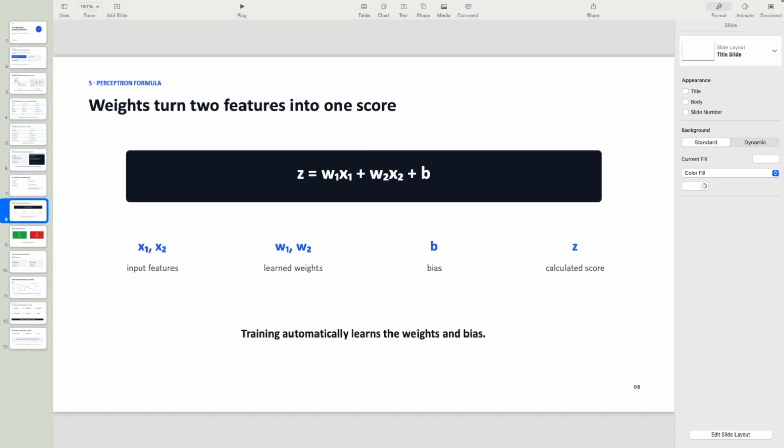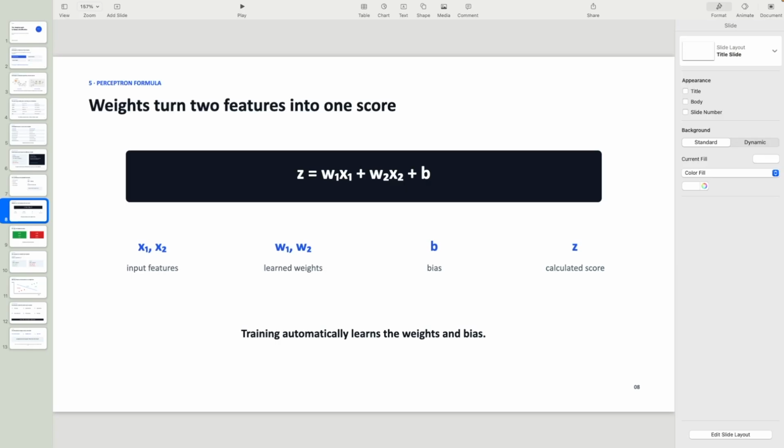This is the formula of the perceptron, where z equals w1 x1 plus w2 x2 plus b. Here w1 is the weightage of the first feature and x1 is the input of the first feature, w2 is the weightage of the second feature, and x2 belongs to the second feature.